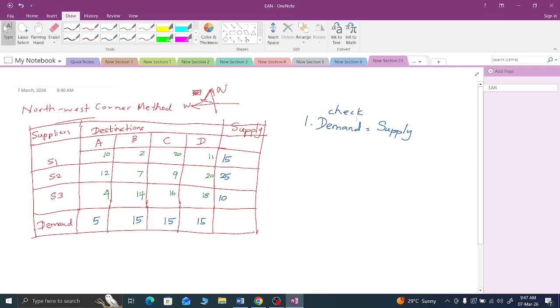So checking is 5 plus 15 plus 15 plus 15, so altogether it is 50, right? Here 15 plus 25 is 40, then plus 10 is 50. Altogether 50, right? So the demand and supply check is okay.